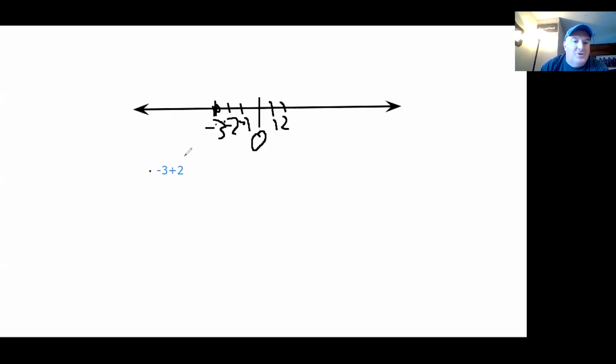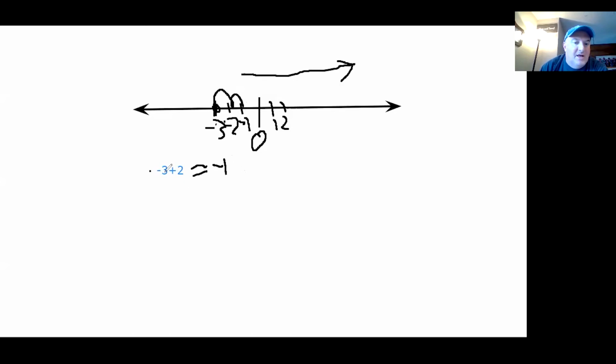Since we're adding 2, we're going to be going to the right. You're going this direction, 2 spots. So we go over 1, and we go over twice. And we end up at -1. So -3 plus 2 is -1.